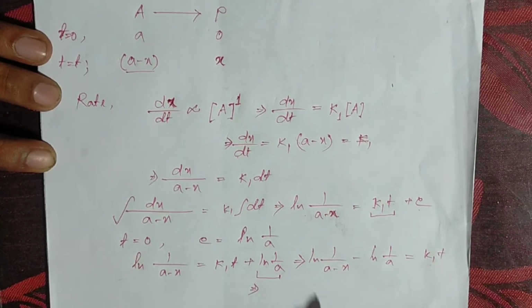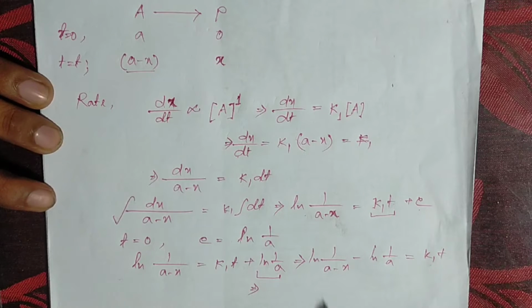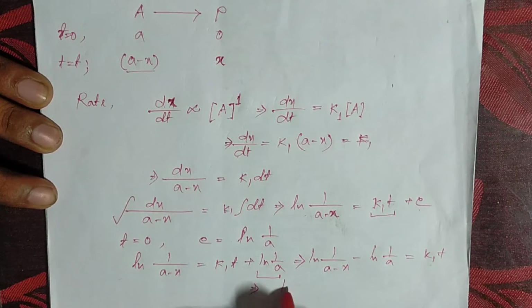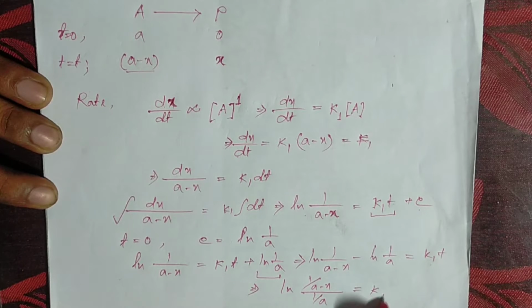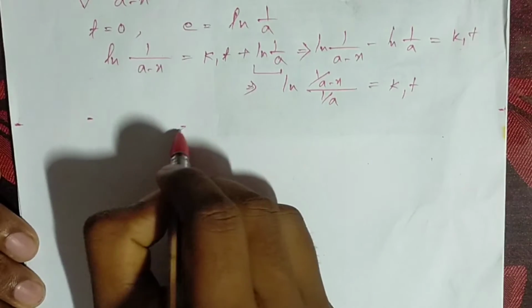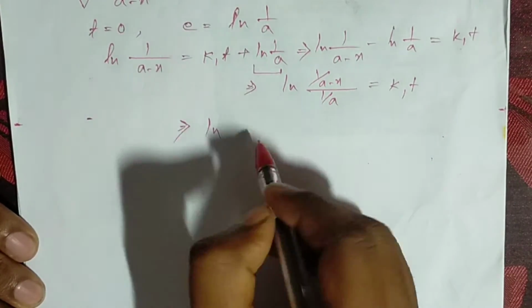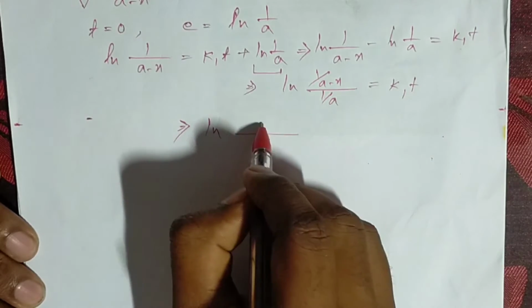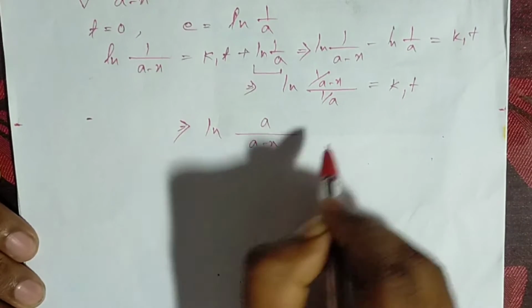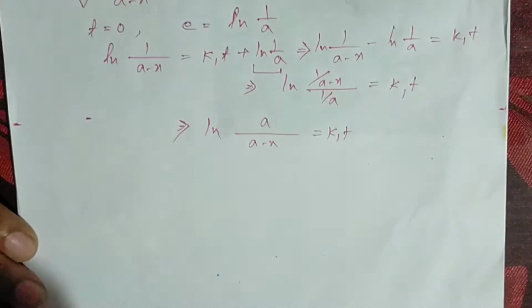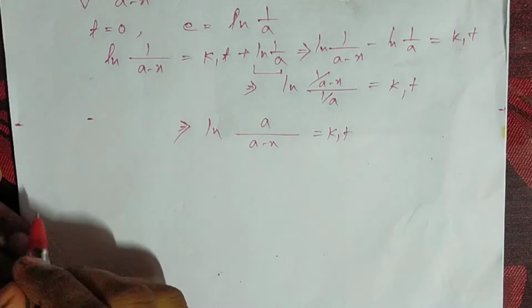So it will be ln a by a minus x is equal to k1 t.